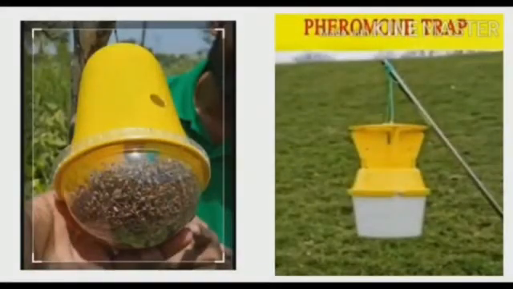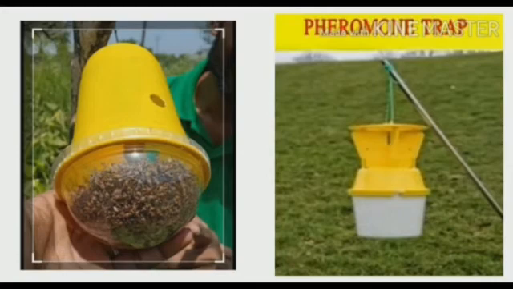Pheromones are used in the agricultural field to control pests. To control pests, pheromones are used very extensively. By knowing the chemical structure of the pheromone, we can synthesize pheromones artificially in our laboratory.